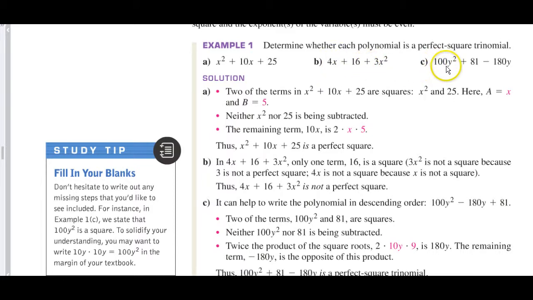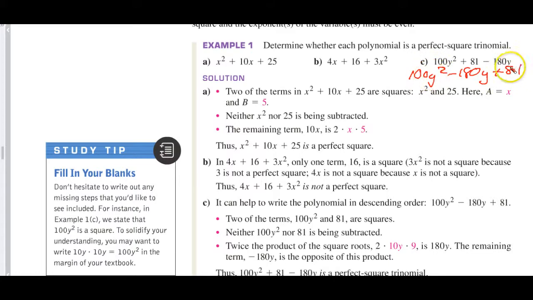Now, here, again, this is not in the correct form. So I would imagine the first thing they want us to do is to put it in correct form. So this is going to be 100y squared minus 180y plus 81. Now, as you look at this, is this a perfect square? Yes.